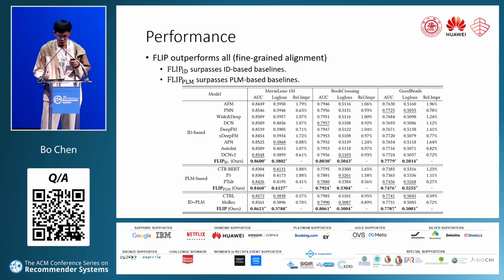We can find that FLIP outperforms all the baselines consistently. Besides, FLIP-ID and FLIP-PLM are also better than the corresponding baselines. All the results prove that the fine-grained alignment between the ID-based model and the pre-trained language model can overcome the limitations and improve the performance.